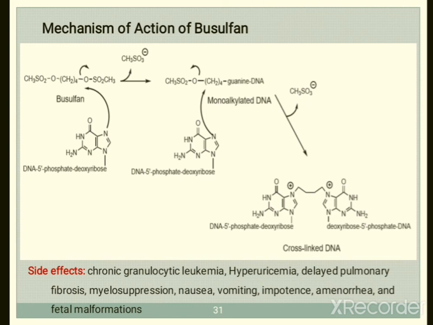The side effects of Busulfan are chronic granulocytic leukemia development, hyperuricemia, delayed pulmonary fibrosis, myelosuppression, nausea, vomiting, impotence, amenorrhea, and fetal malformation. These are all the side effects of Busulfan.